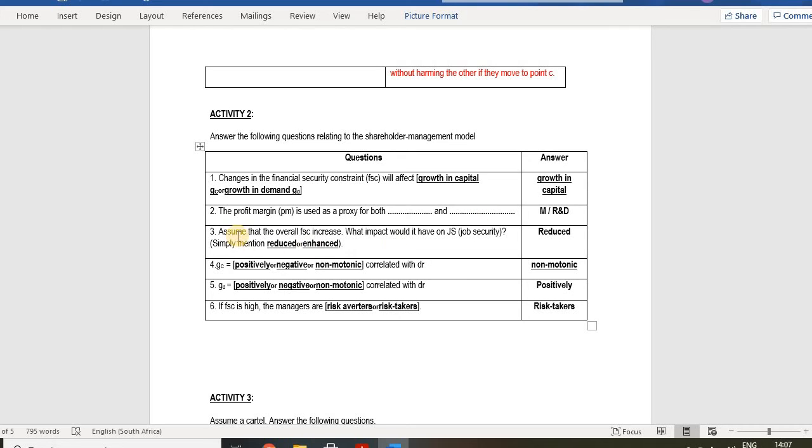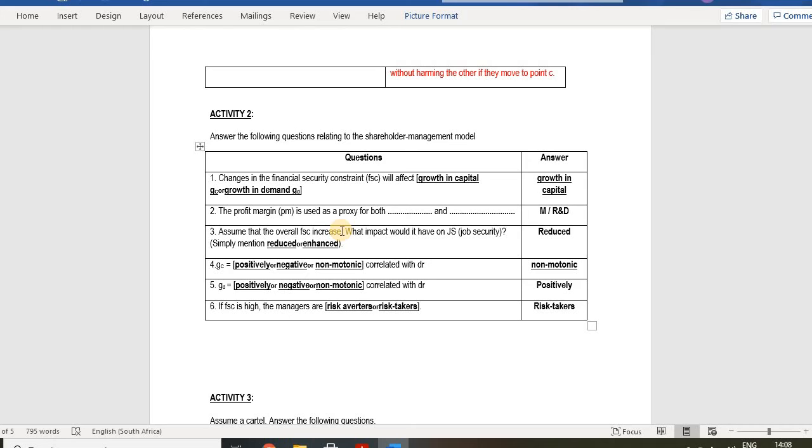Okay, and then it says assume that the overall financial security constraint increases. What impact would it have on job security? Okay, when the constraint of financial security is high, it means that there's a limit of financial security, right?